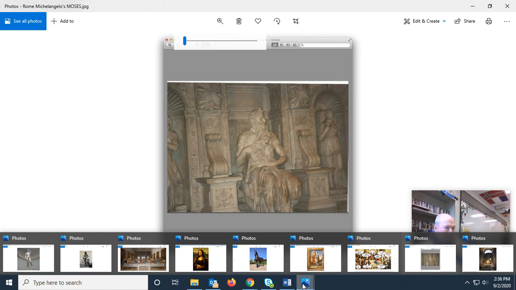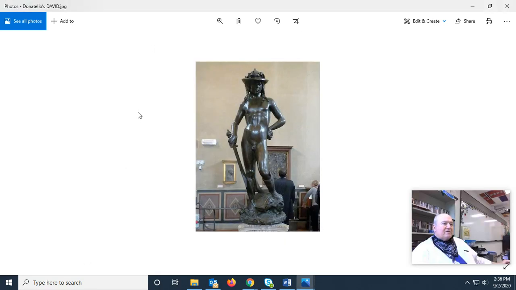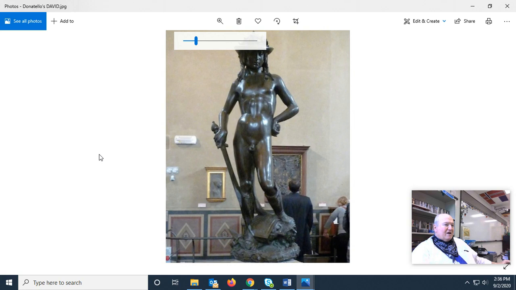Do I have anything else from Michelangelo? No. But I do have another example of David. This is Donatello's David. Whereas Michelangelo's David was 18 feet tall, including the pedestal, this is 5 feet tall.